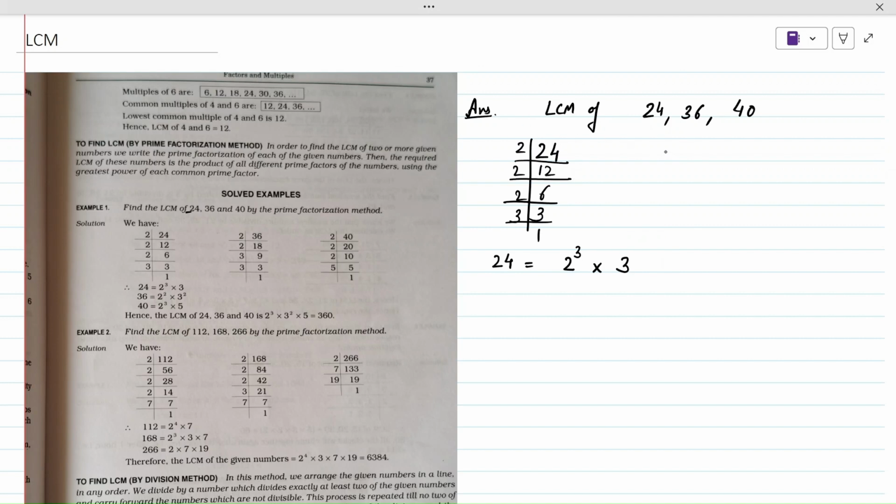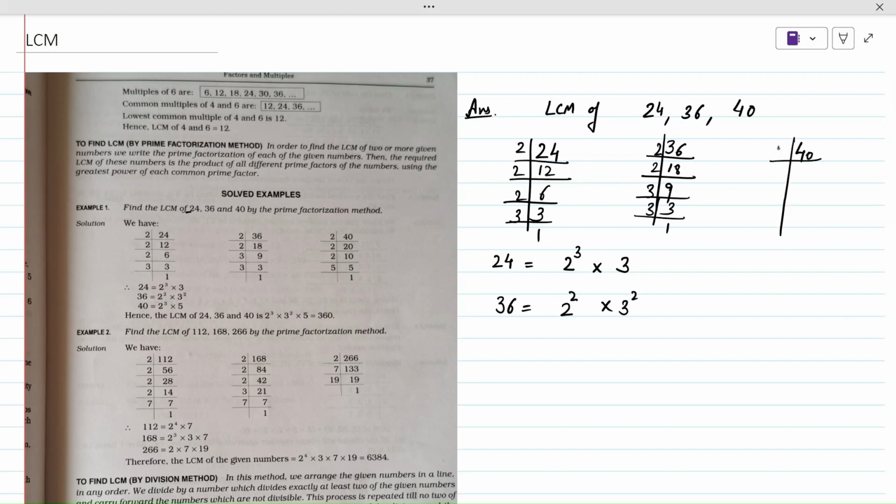Next is 36. So for 36, we have 2 18, 2 9, 3 3 and 3 1. So I can write here for 36 we have 2 raised to the power 2 and 3 raised to the power 2, right? And now coming to 40.